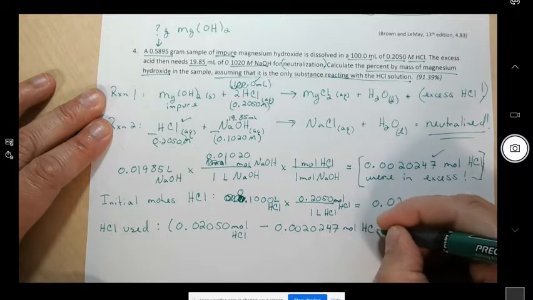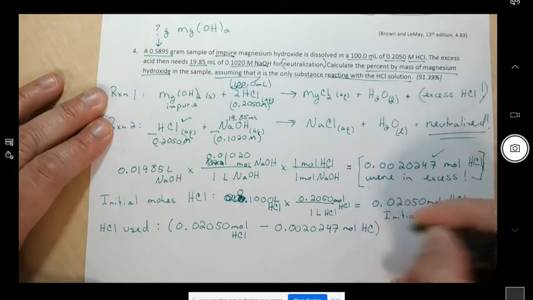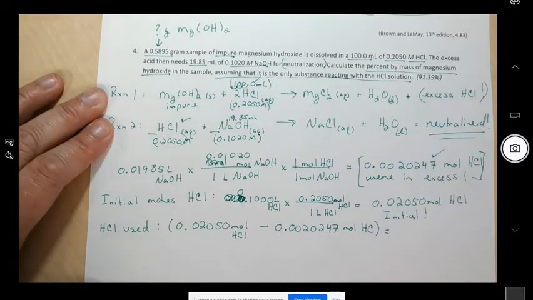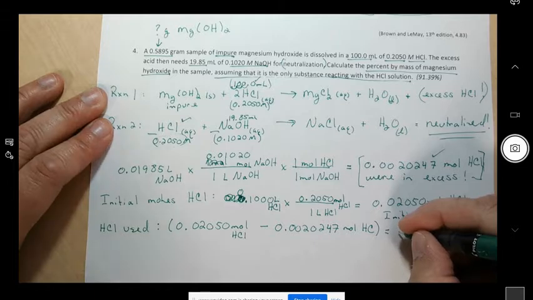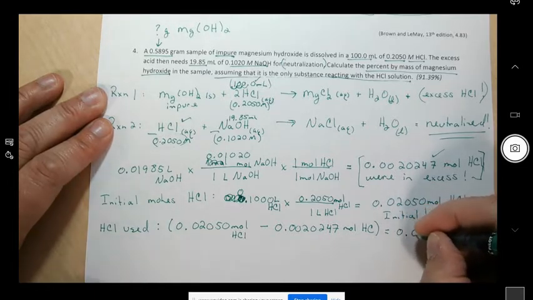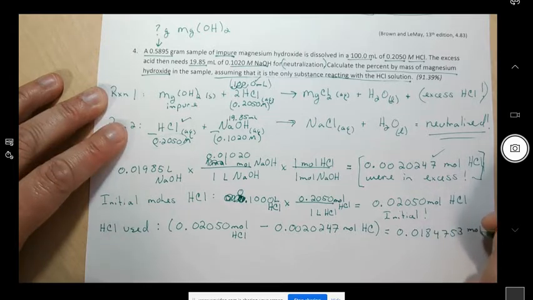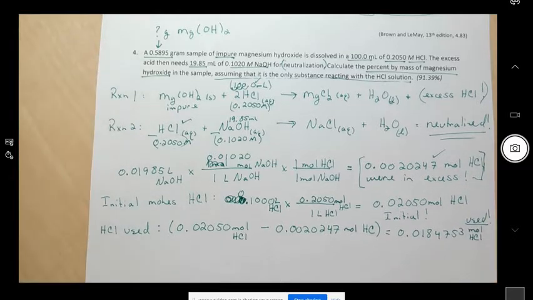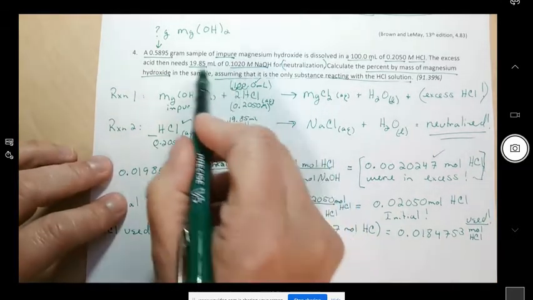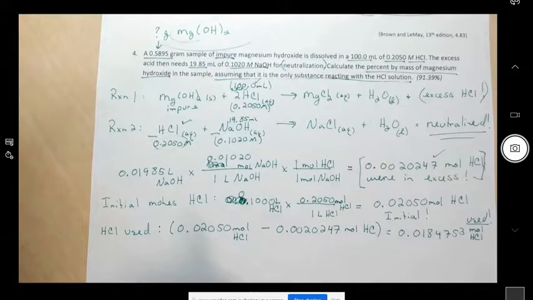I keep a lot of sig figs in my work and I don't round till the end. That gives me 0.018473 moles of HCl used. That's how much actually reacted with my magnesium hydroxide.